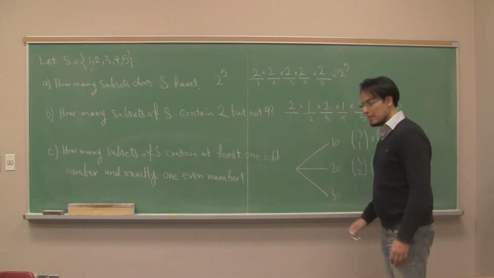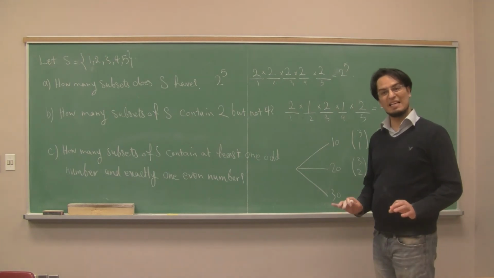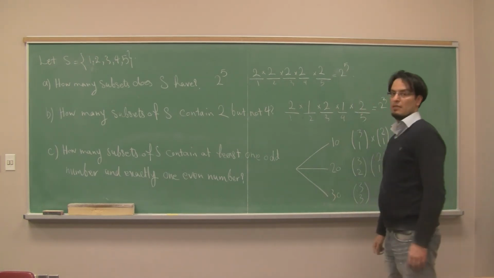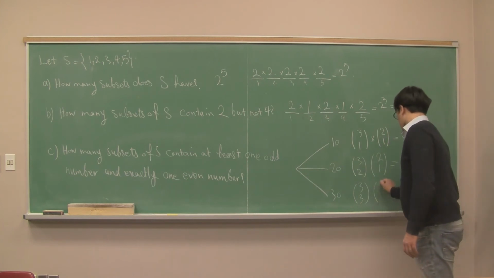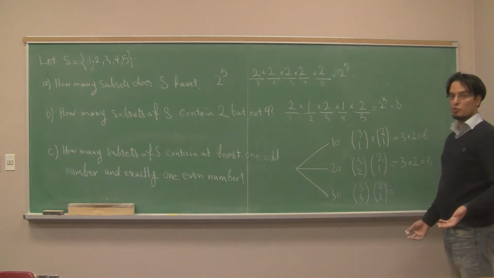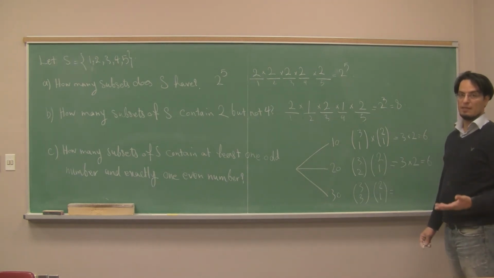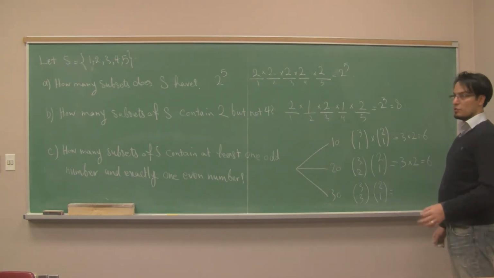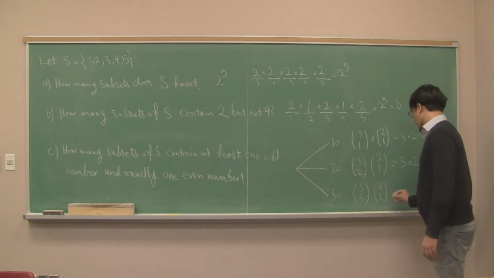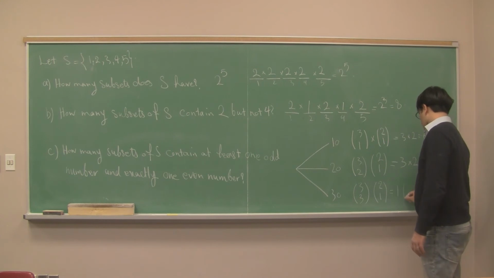How about 3 odds and exactly one even? You choose all 3 odds and then multiply by 2 choose 1, which is the number of ways you can choose one of 2 even numbers. So 3 choose 3 is 1 times 2 choose 1 is 2.